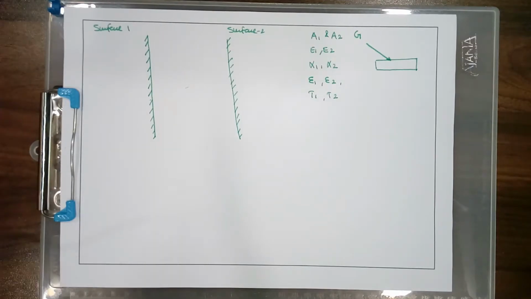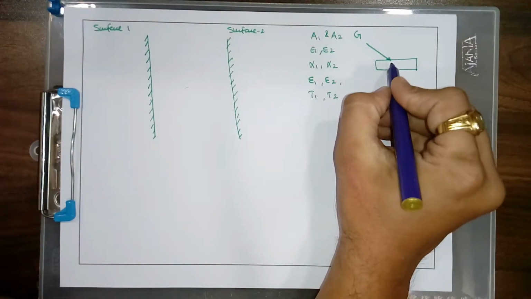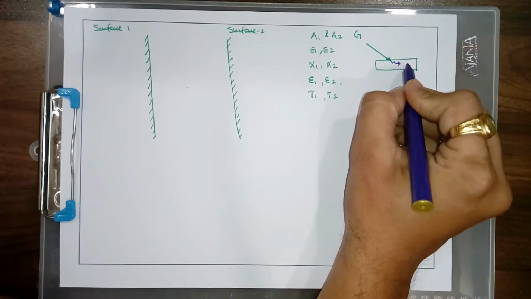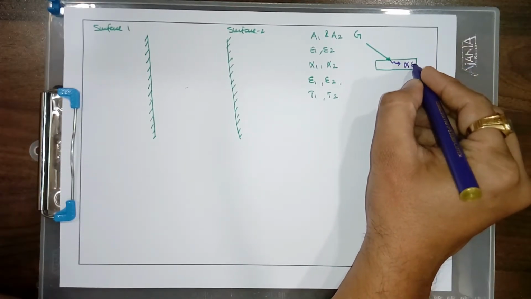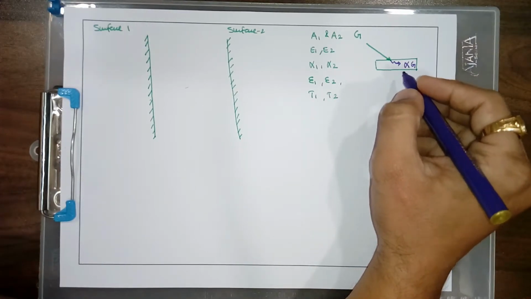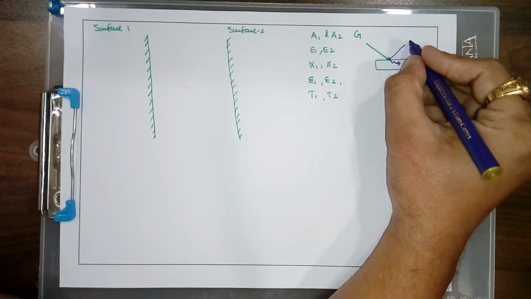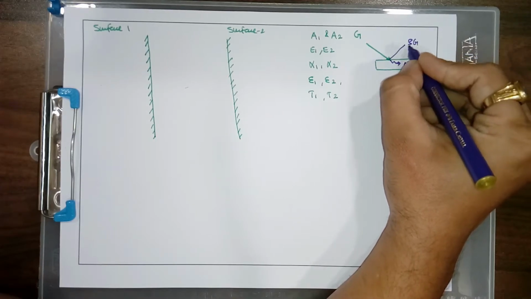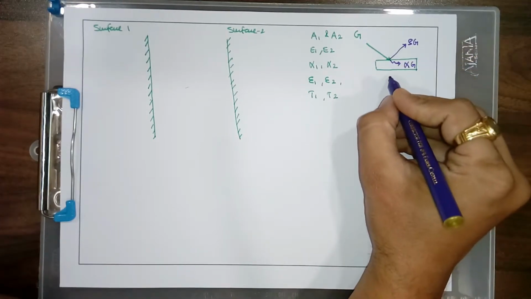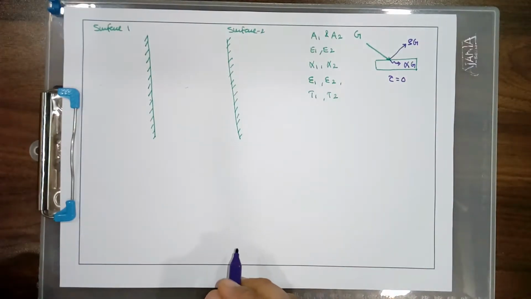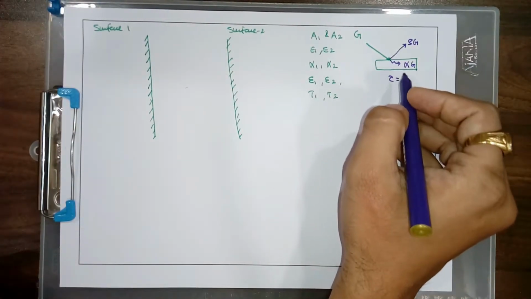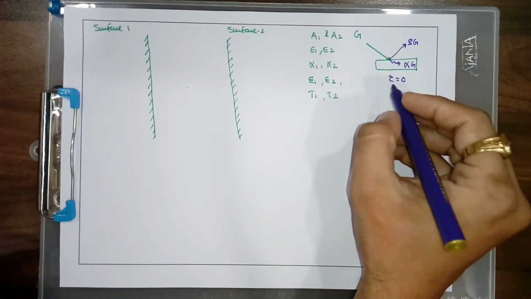It is utilized either in absorption, so if the absorbivity is alpha, alpha times G is absorbed by the surface, and the rest, rho times G, is reflected back, and the transmittivity is 0, so there is no transmission of energy from the surface.